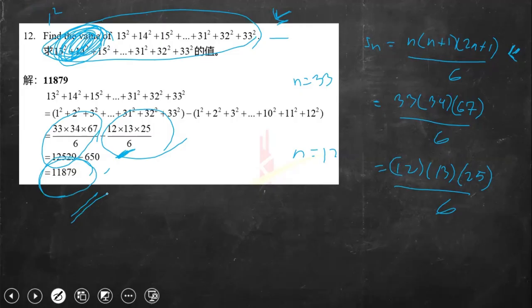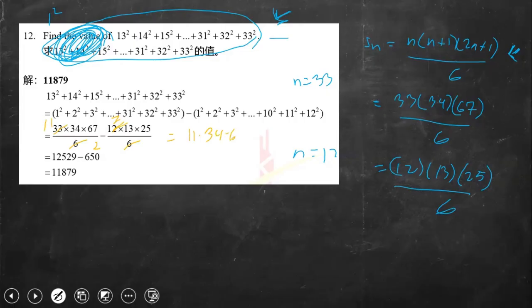Be careful with the cancellations and the multiplications, guys. Double check your answers. Canceling here, we have dividing by 3 and dividing by 6 here. We have 11 times 34 times 67 minus 2 times 13 times 25.